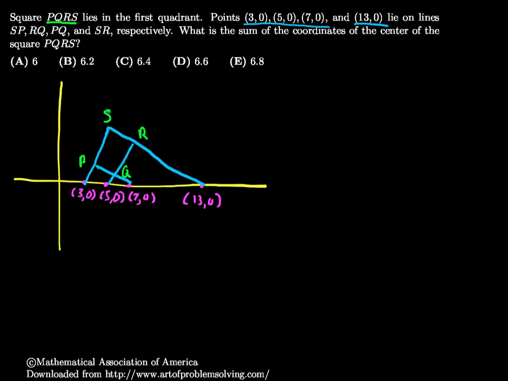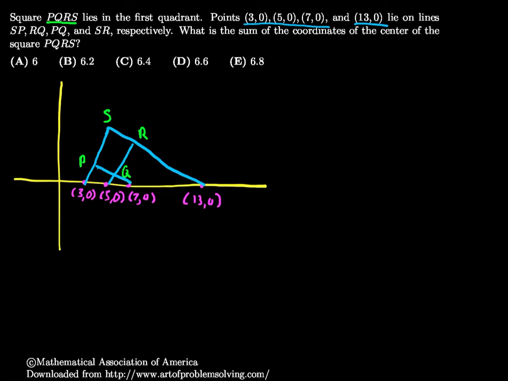Okay, so what we're going to end up doing now is use some similar triangles to find the slopes of line PS and line SR. They're opposite reciprocals because this is a square, so that's a right angle.